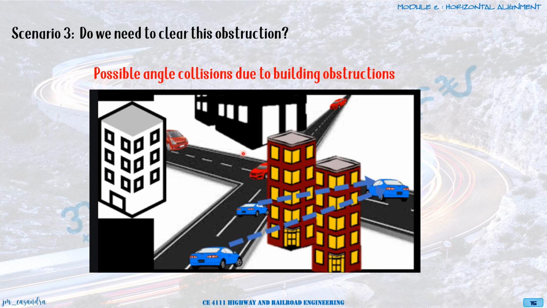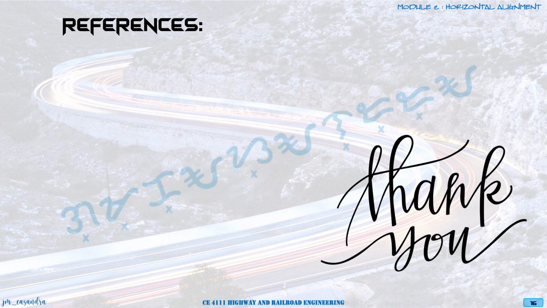So there will be possible angle collisions due to obstructions of buildings. So if you do not want to do this, then you have to make this a signalized intersection so that they will be able to stop. Maglagay ka ng sign na you have to slow down because they are approaching a busy intersection.